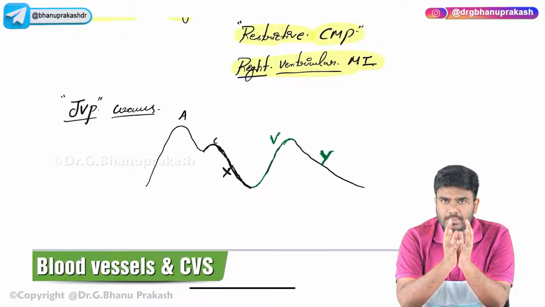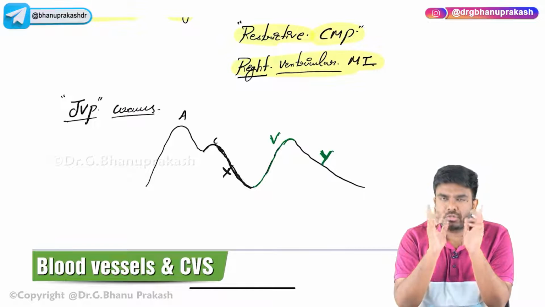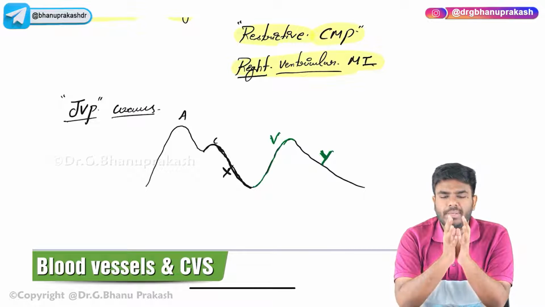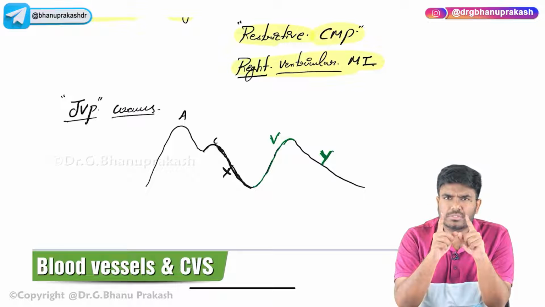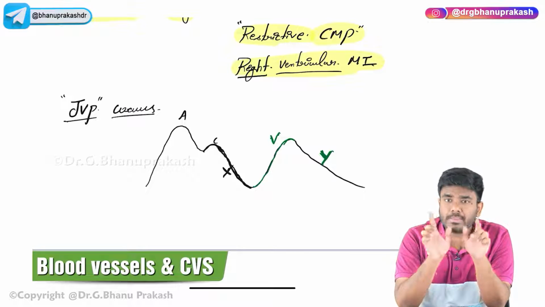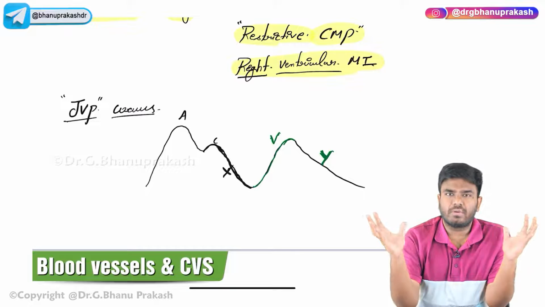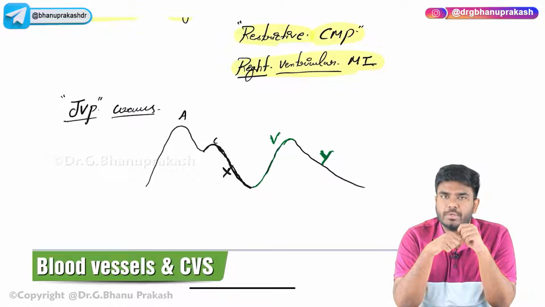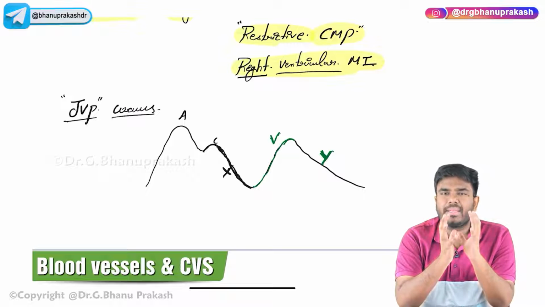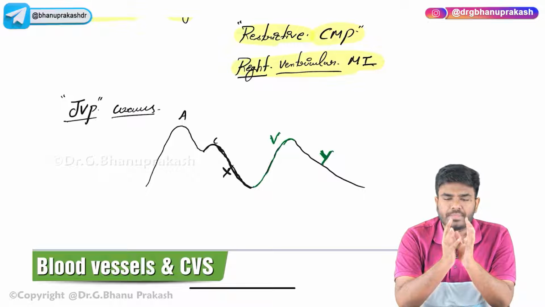During diastole, you know what happens? Normally during diastole, a healthy pericardium will move out and snap back. But in constrictive pericarditis, it is a sticky pericardium which is attached to the myocardium.